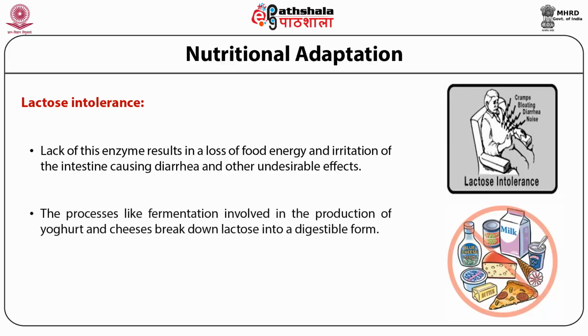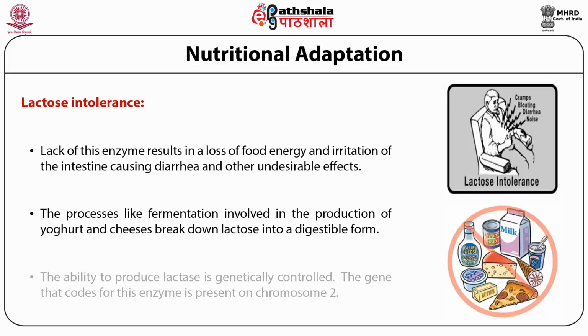Processes like fermentation, involved in the production of yogurt and cheese, break down lactose into digestible forms. Therefore, the problem arises only when the population uses milk or its products in fresh forms, such as milk, cream, or very fresh cheese. The ability to produce lactase is genetically controlled. The gene that codes for this enzyme is present on chromosome 2.